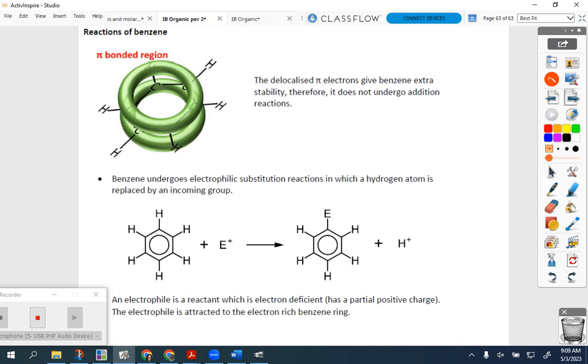So even though we can draw it as having alternating double bonds, these double bonds are not susceptible to attack to addition reactions the way that regular alkenes are, okay? Because that aromaticity stabilizes this structure.